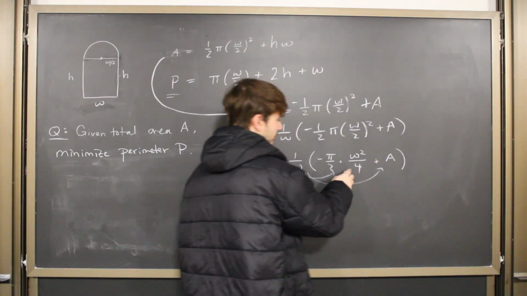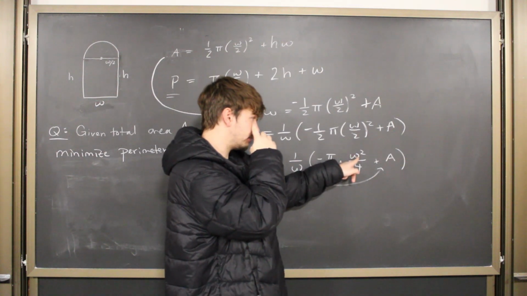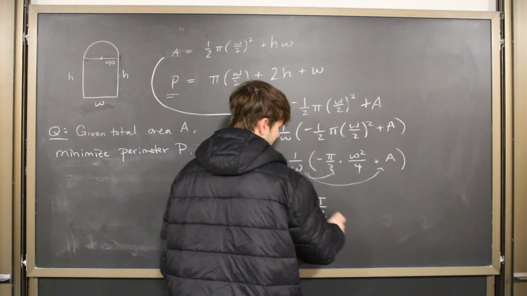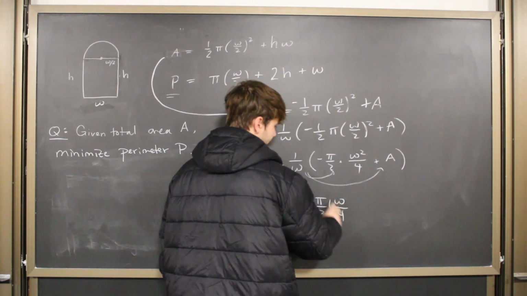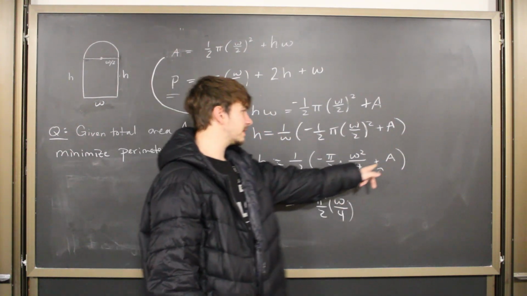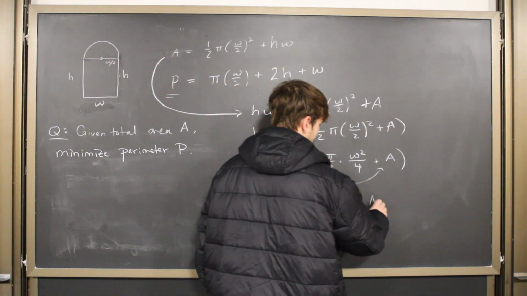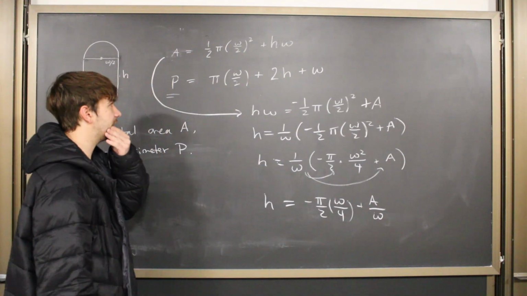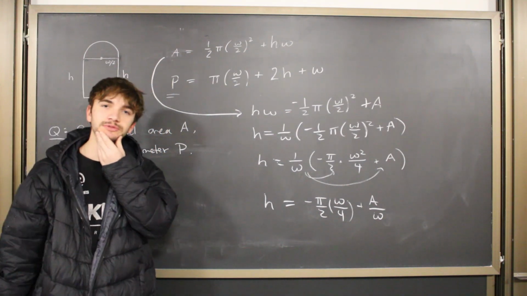When I multiply it into the first term, it's going to cancel the w squared and just give me a w. So I get negative pi over 2 times w over 4. And then when I multiply it into the A, I'm just going to get A over w. So this is the first step: we solved for h in terms of w.